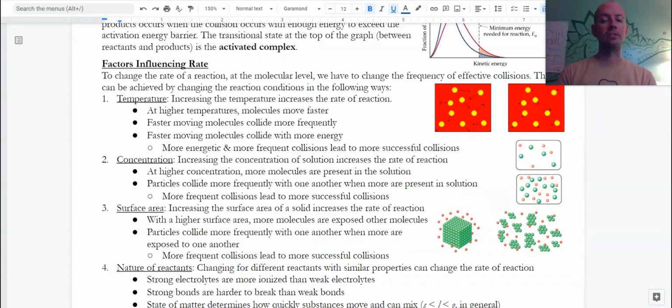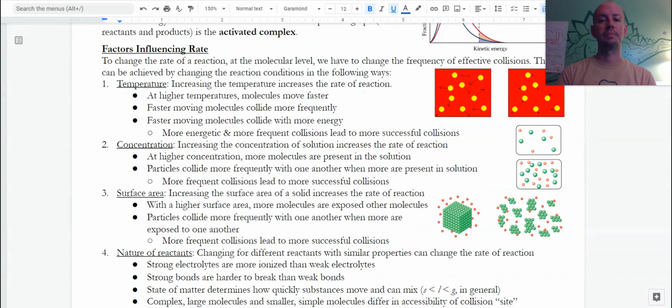When we have a higher concentration, more molecules are present. Those particles end up colliding more frequently with one another, and those more frequent collisions are more likely to lead to a successful collision. With more collisions, the orientation of a few of them is more likely to be right.